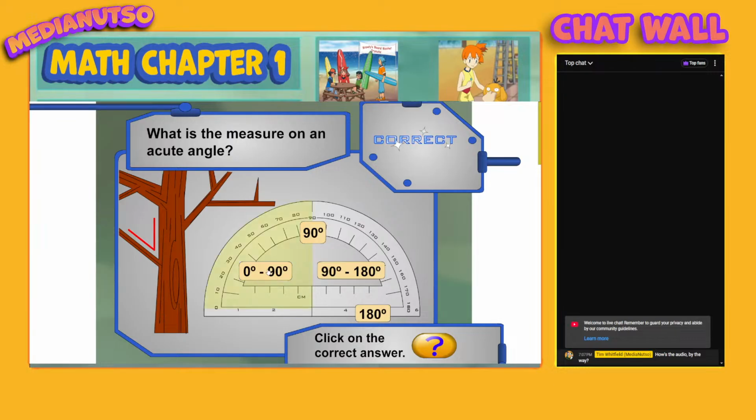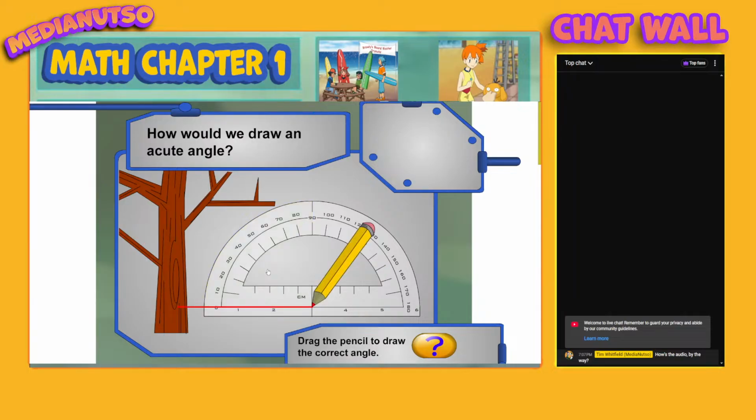Easy. Right. An acute angle measures between 0 and 90 degrees. Now, how would we draw an acute angle? Anywhere between 0 and 90, so pretty much. Right. An acute angle measures between 0 and 90 degrees.